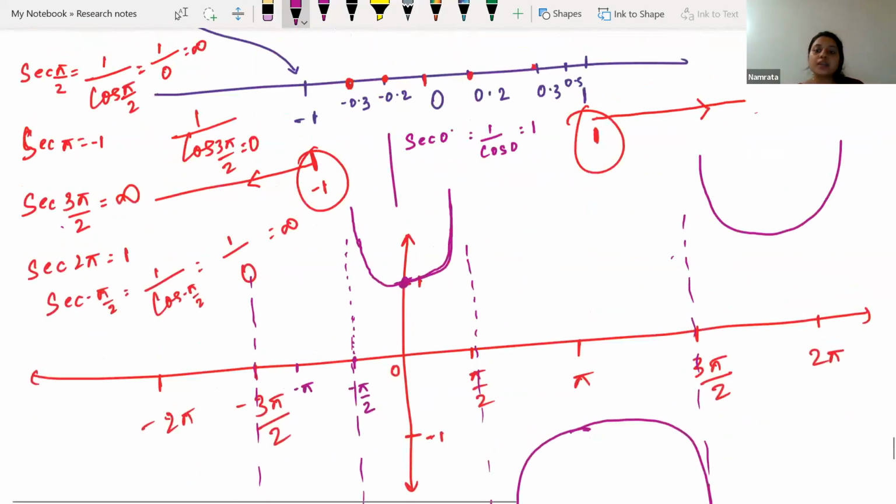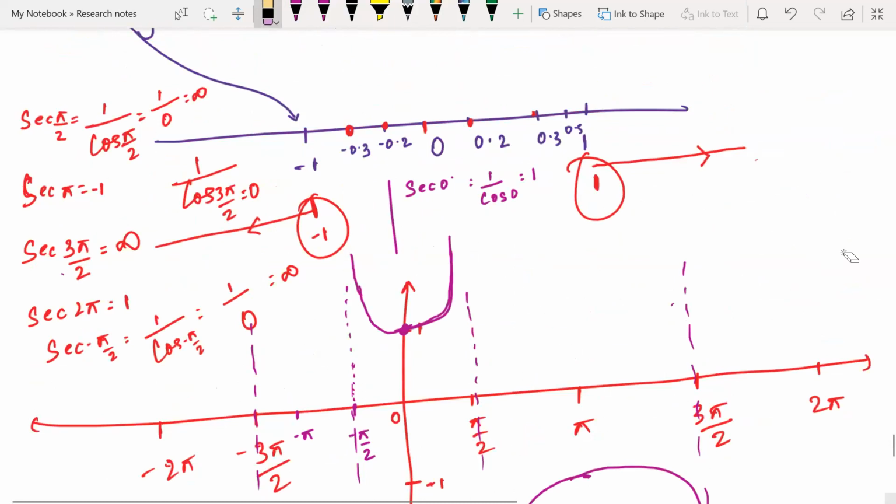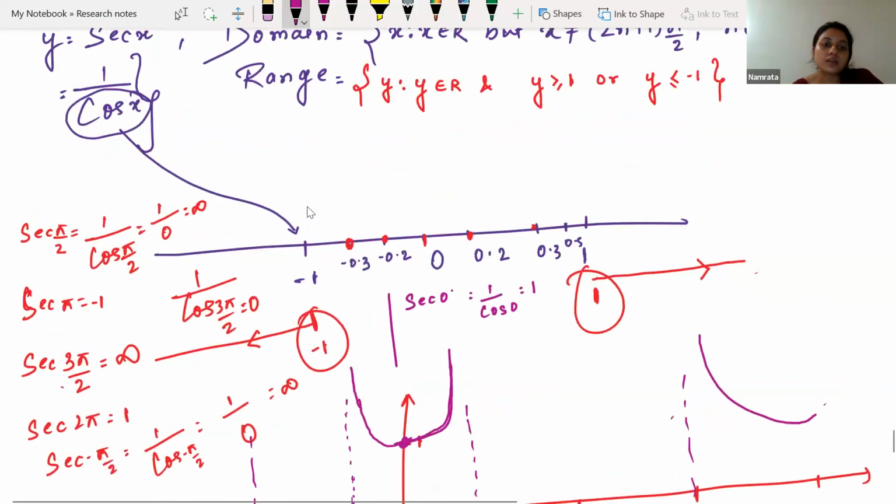Are you getting it? Yes, ma'am. So this is how our graph will look like. Here we will be having till here only, because 2 pi only I have taken, so it will be just till 1, and then we'll follow the same after that. Here also it will keep on following, one down one up, one down one up, like that. But you need to make the dotted line the disturbing points. Is it okay?